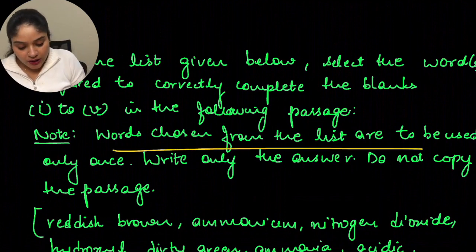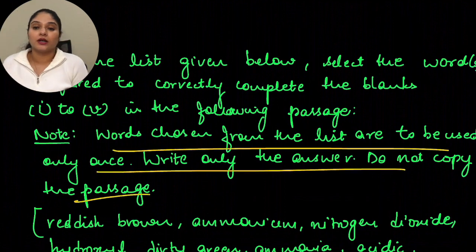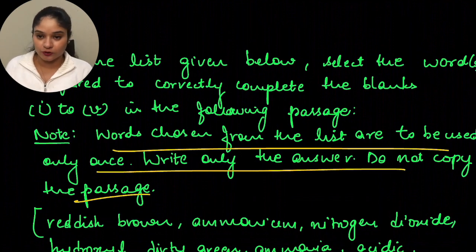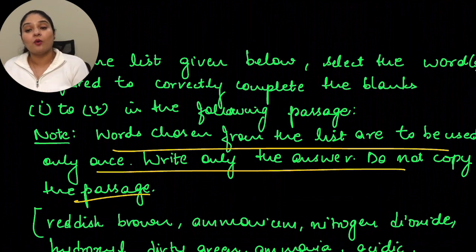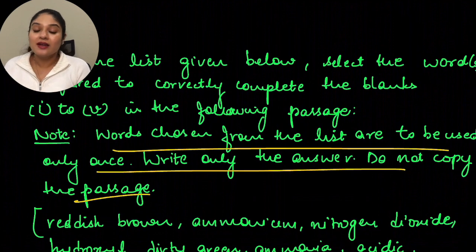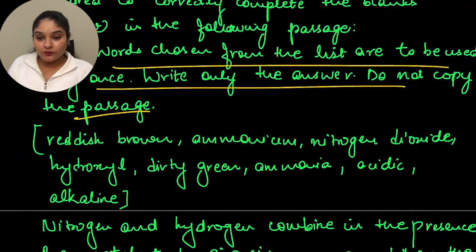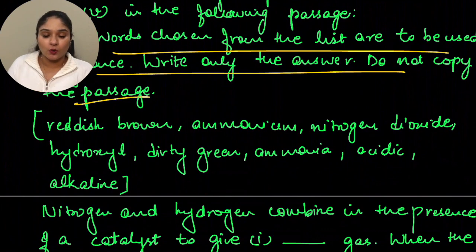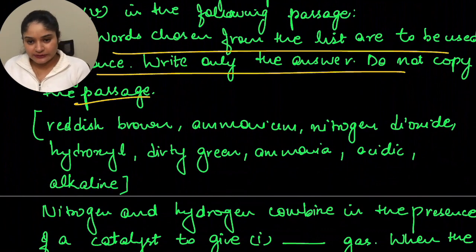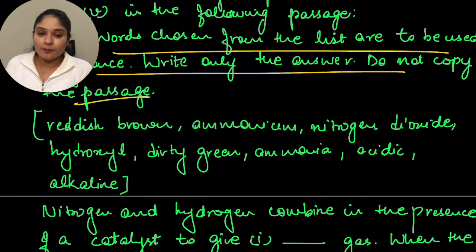So this is important information about this particular question. To avoid any silly mistakes from your end, it is important that you read the entire thing properly and then attempt the questions. So let's look at the words. The words that I have are reddish brown, ammonium, nitrogen dioxide, hydroxyl, dirty green, ammonia, acidic and alkaline.